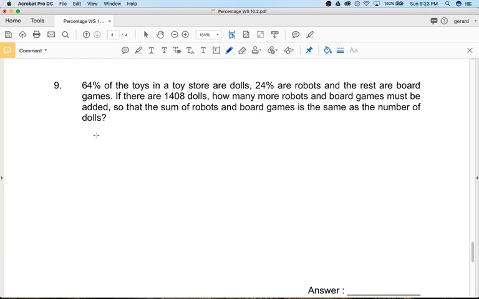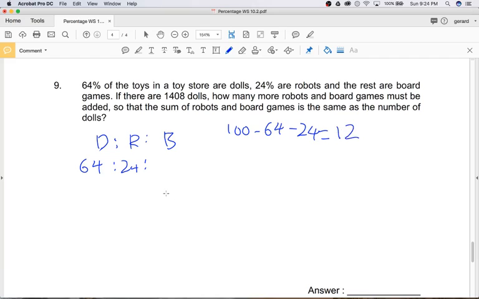Dolls is to robots is to board games. 64 are dolls, 24 are robots, the rest are board games. For percentage, the total has to be 100%. So 100% minus 64 minus 24, in terms of units, we'll get 12. So the box will be 12.